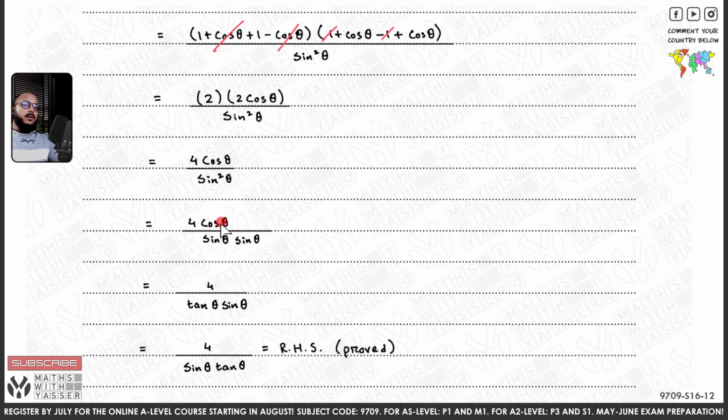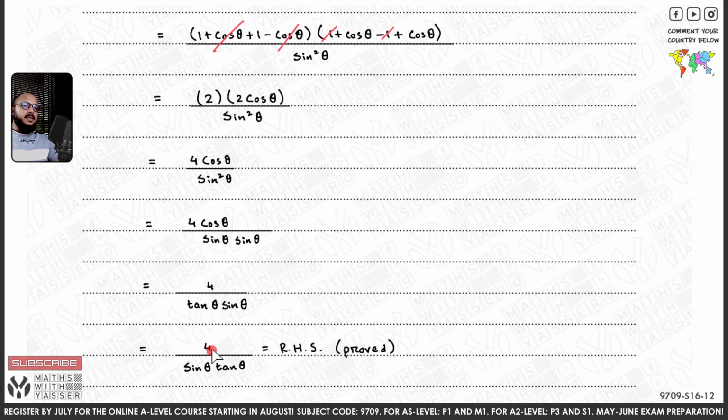We can write cos theta by sine theta as 4 cot theta. But since we are trying to write it in the denominator, it will be 4 over tan theta sine theta. So cos theta by sine theta is tan theta in the denominator.